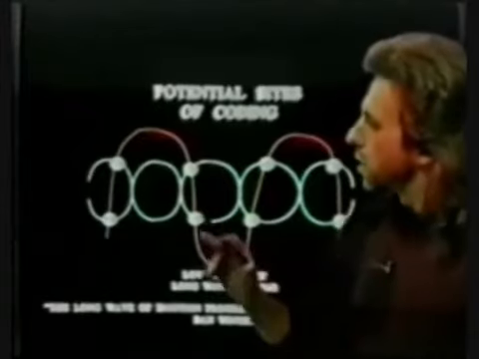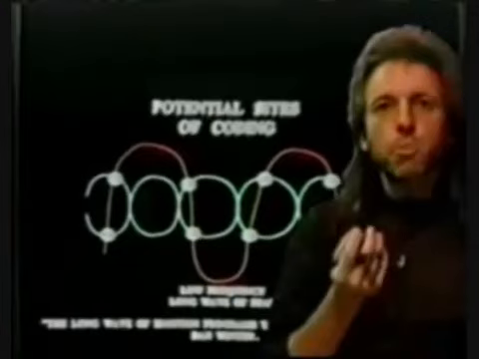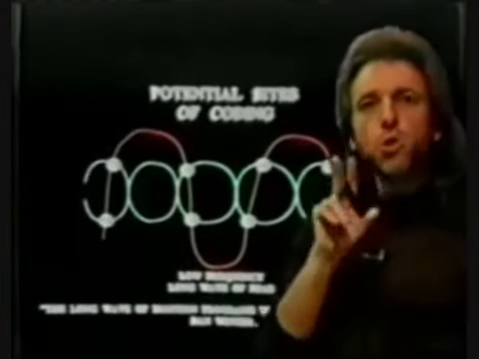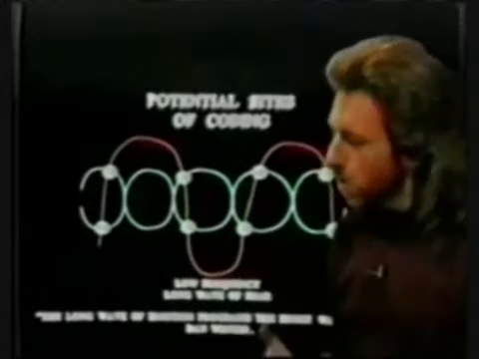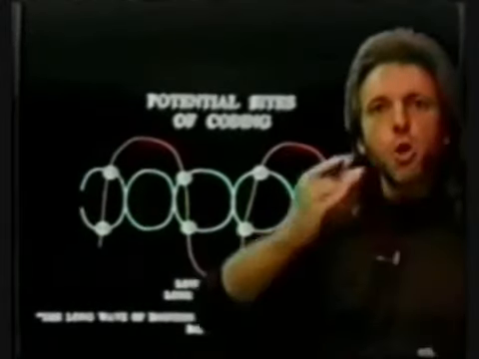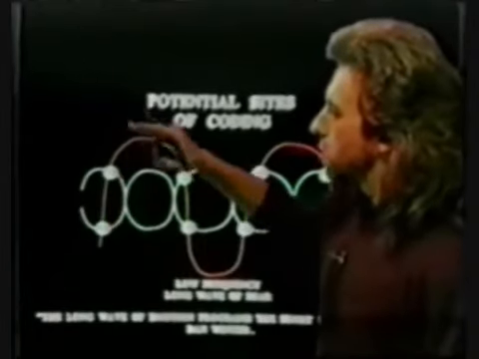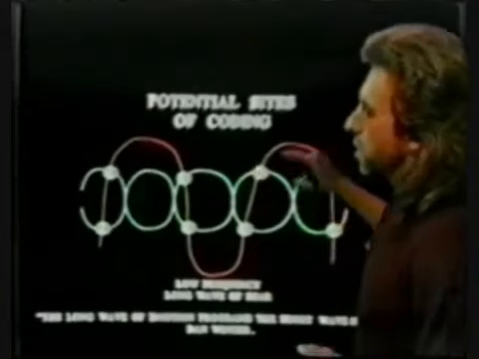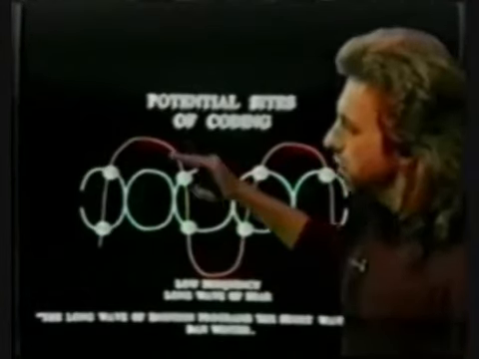Well, this is really interesting for us because of two things. First of all, the waves of emotion: researchers have determined that you and I are primarily capable of only two emotions, with many derivatives of those emotions, and two primary emotions, fear and love. Fear is a long, slow wave of emotion. So this wave of fear is a long, slow wave and touches relatively few sites on this DNA.